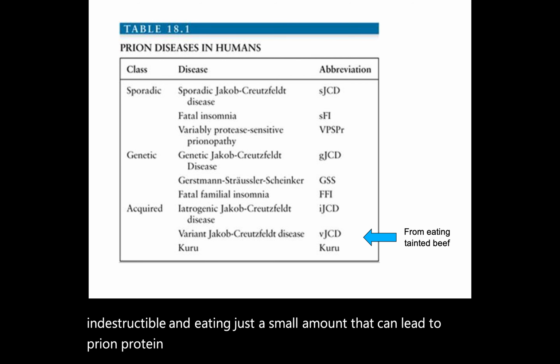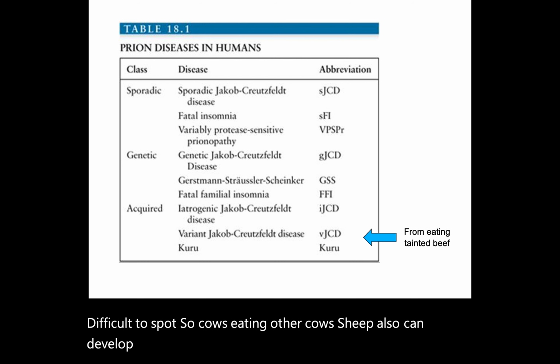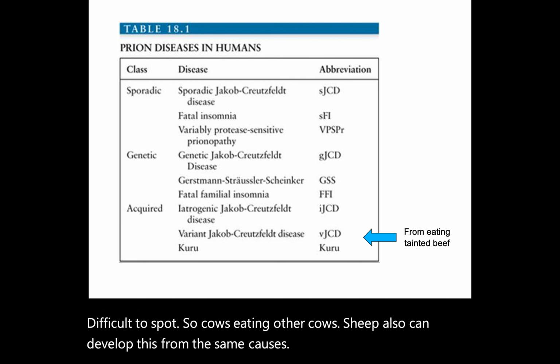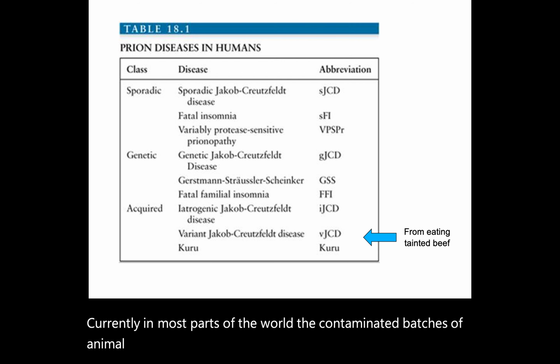So yeah, that's fairly terrible and difficult to spot. So cows eating other cows. Sheep also can develop this from the same causes. Currently, in most parts of the world, the contaminated batches of animal feed have been banned. You're not allowed to feed them to sheep or cattle.